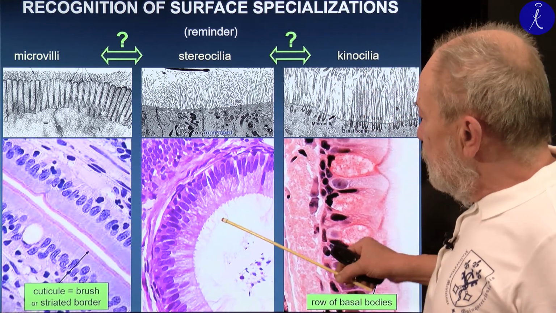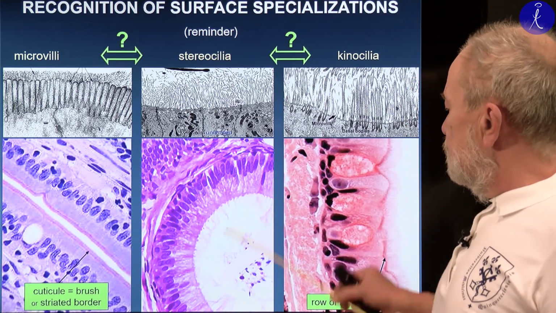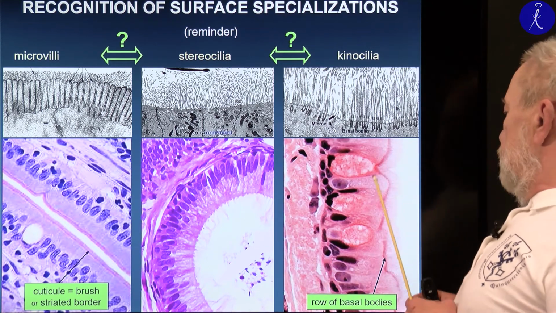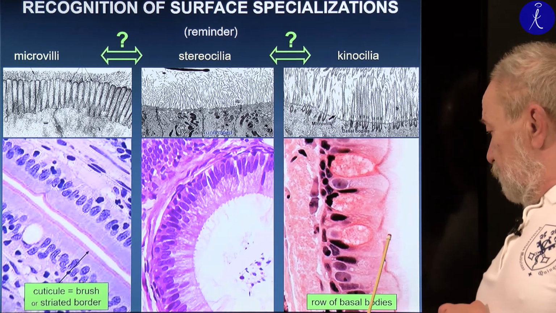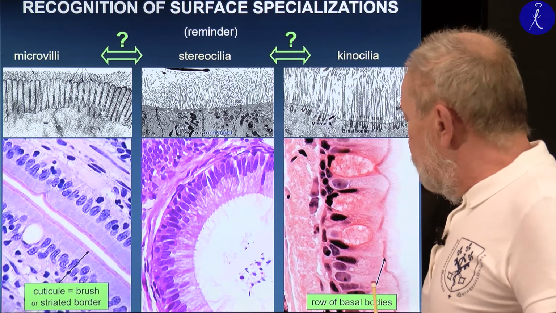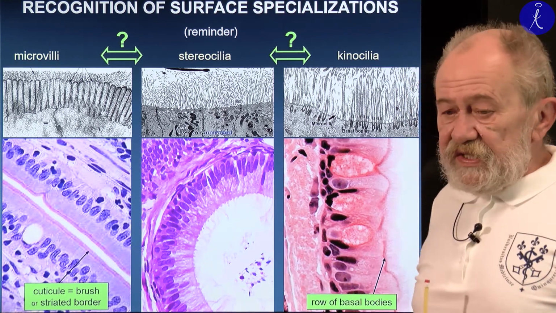And this one is the cell with very long stereocilia, from the male genital apparatus. And here you can see the kinocilia, which are anchored into basal bodies, and basal bodies appear as an eosinophilic row below the surface of the cell.